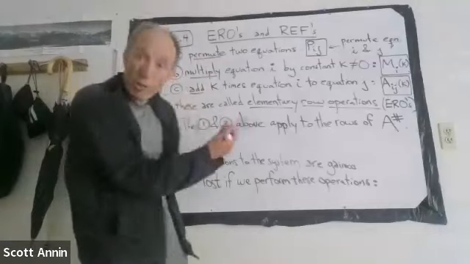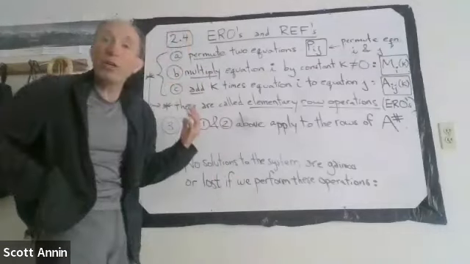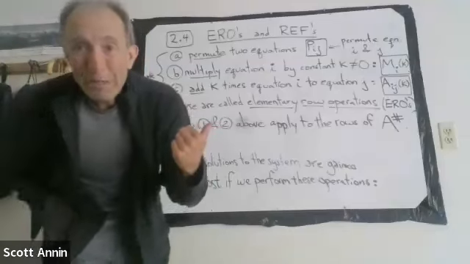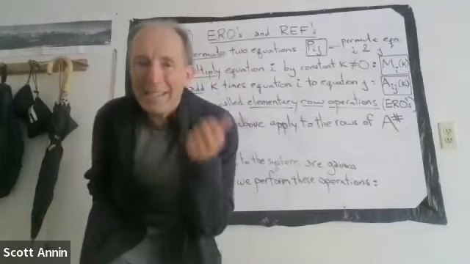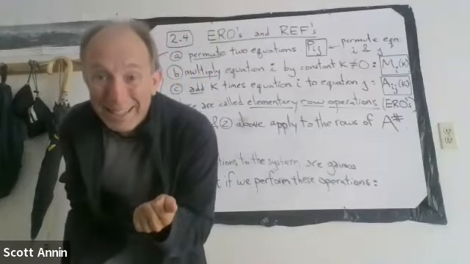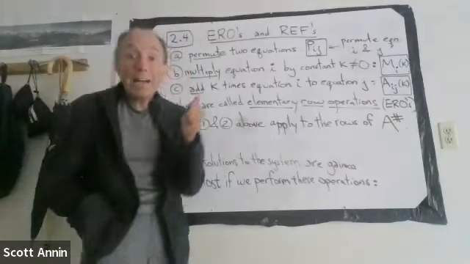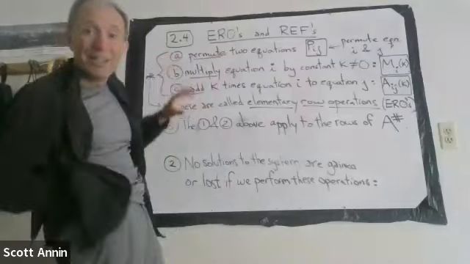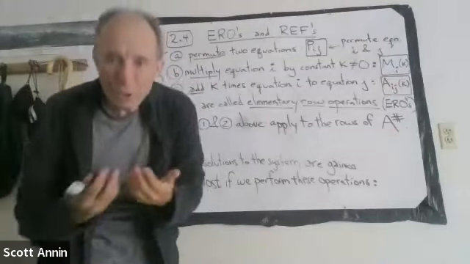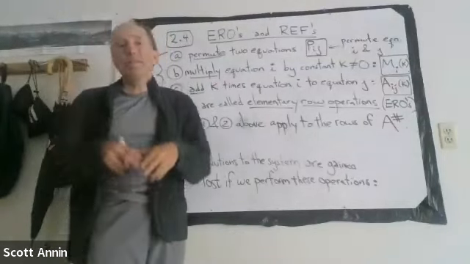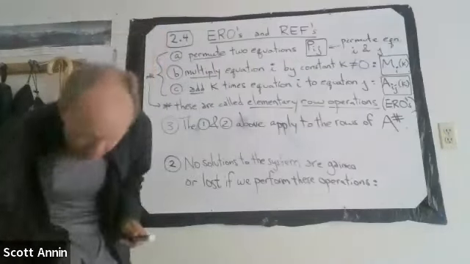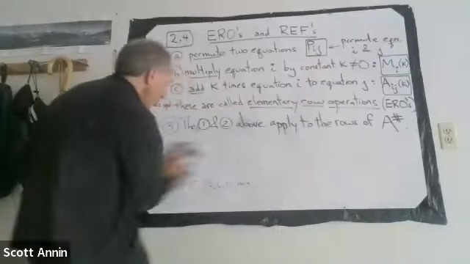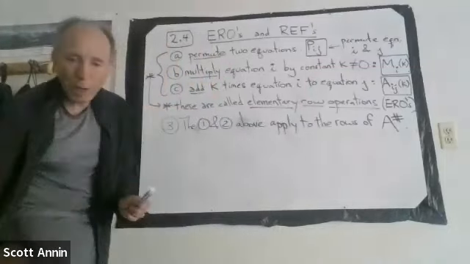In order to do that, that's actually where we're going to use the EROs. We're going to take an augmented matrix that maybe is not in triangular form to begin with, but we're going to apply these EROs to it to try to get it into this triangular form. Okay, so that's kind of the idea. In fact, let's write that down. I think that's an important conclusion of the first part of this video today.